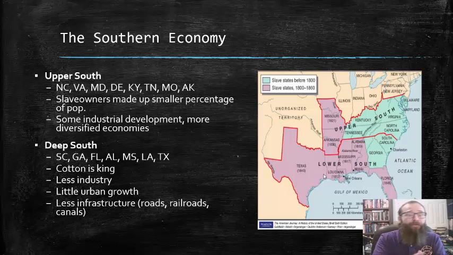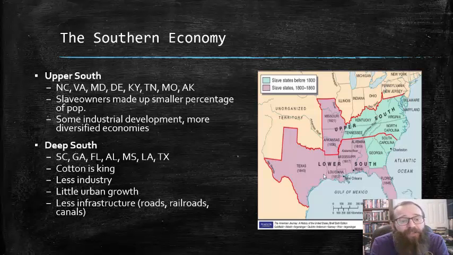Now, the Deep South, which consists of South Carolina, Georgia, Florida, Alabama, Mississippi, Louisiana, and by the end of the 1840s, Texas, cotton was king. It was the primary focus of the entire economy, and the plantation really became the centerpiece, the focal point of the entire social and cultural milieu in those regions.